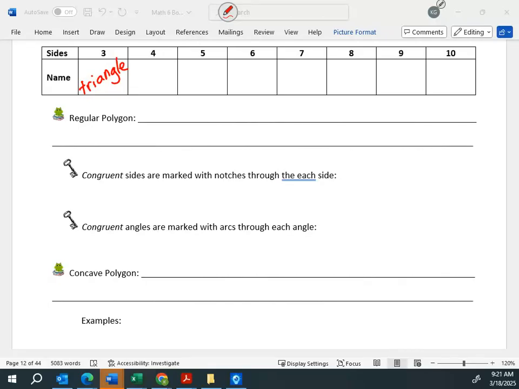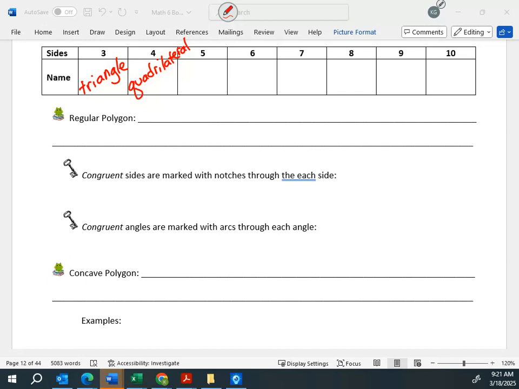We just learned this one, Bennett. Not a square, because we can have a four-sided shape that is not a square. What do we call it if it has four sides? Very good. Quad means four. And remember, the lateral means sides. Quadrilateral is a four-sided figure.